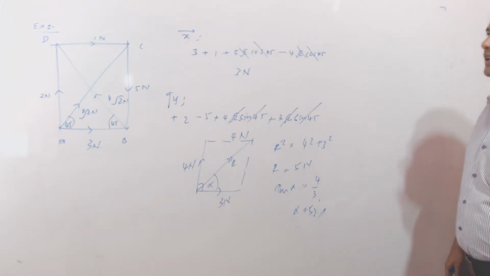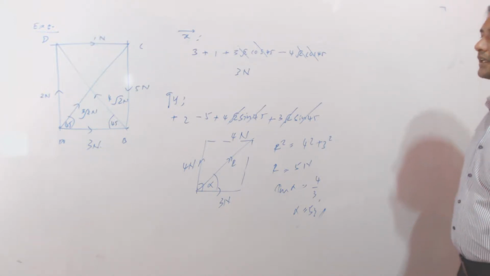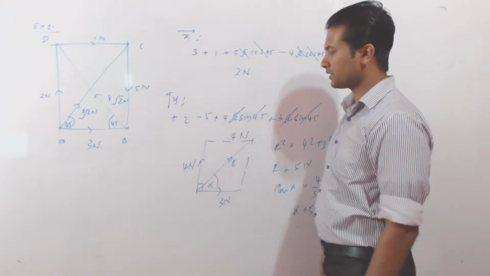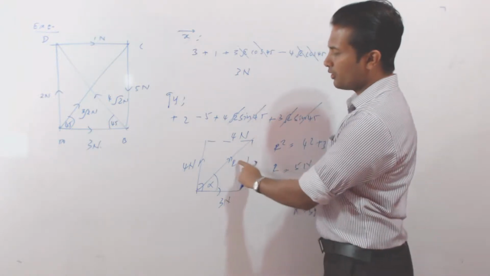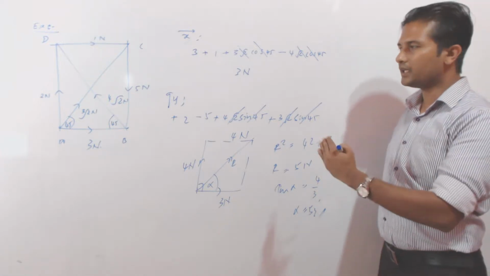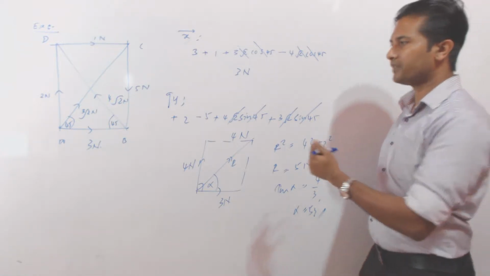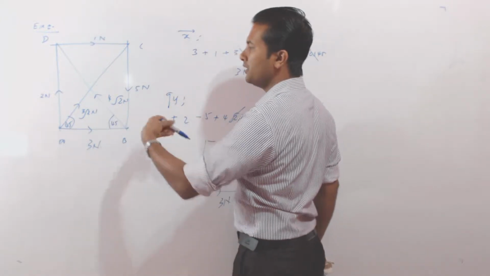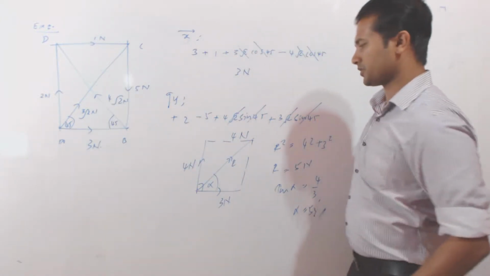Now we can find the line of action of resultant. What is meant by line of action of resultant? We know that the resultant is 5 newtons and the angle is 53 degrees with respect to AB direction towards the anti-clockwise direction.